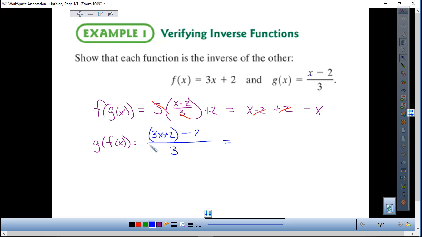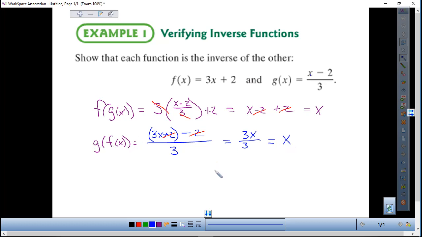Alright, so if we drop the parentheses there, we're going to have plus 2 minus 2, so the 2's are going to cancel out. And then that's going to leave us with 3x on top over 3 on the bottom. And then of course the 3's are going to cancel out, and that's going to leave us with x. So f of g of x equals x, and g of f of x equals x.